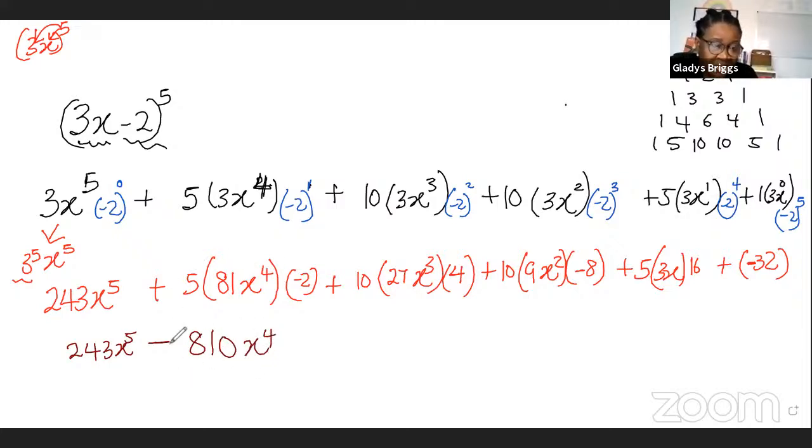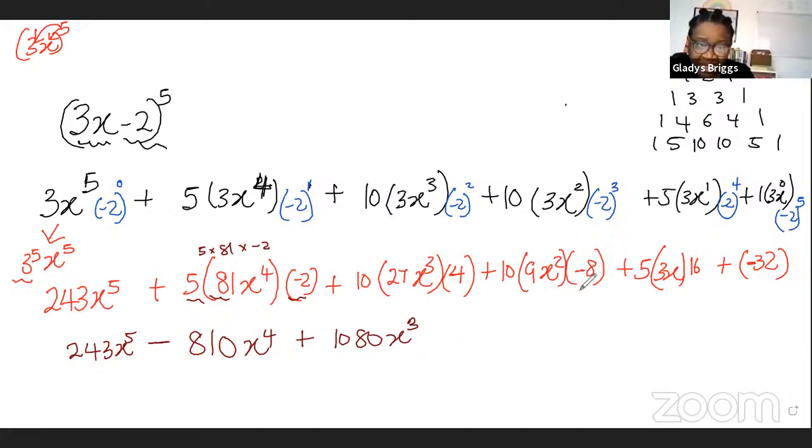Do you know how I got that? Here is 5 times 81 times negative 2. Yeah, all of these ones times them together. Right, plus 10 times 27 is 270 times 4, 1080 x to the power of 3.